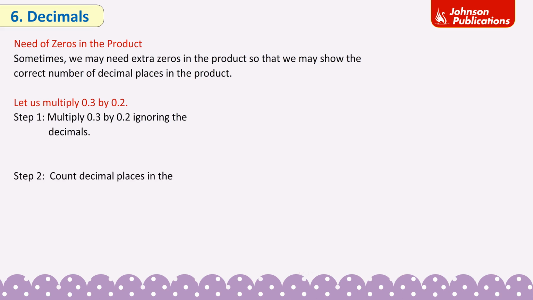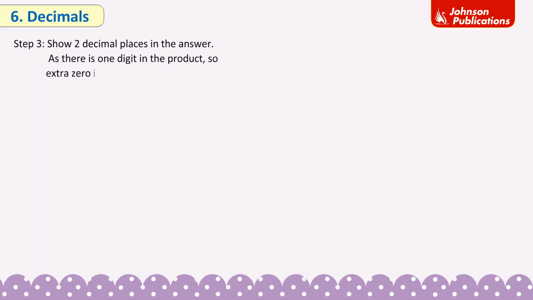Count decimal places in the factors and add them. That is, 1 plus 1 is equal to 2 decimal places. Step 3. Show 2 decimal places in the answer. As there is 1 digit in the product, an extra 0 is needed to show 2 decimal places in the product.